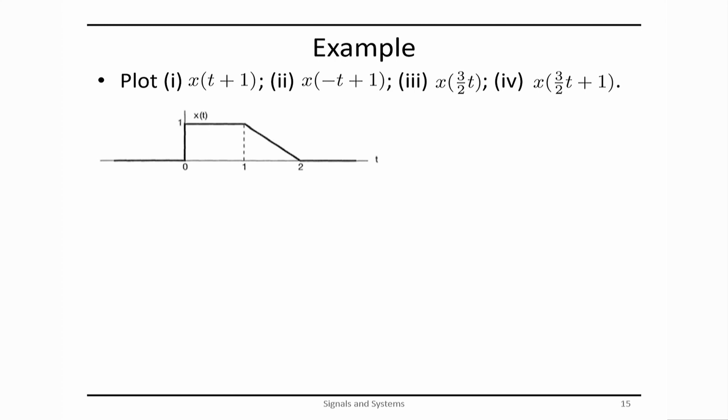All right, now we want to look at what it looks like to make these different transformations of this original signal. Now let's start out with the simplest kind, which is a time shift, to get x of t plus 1.